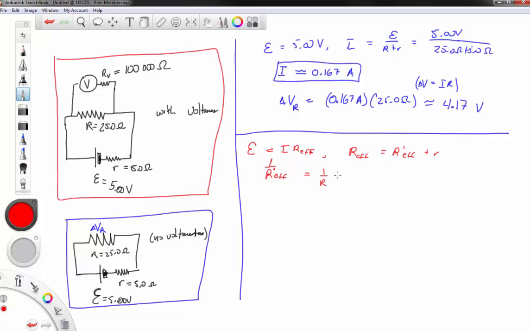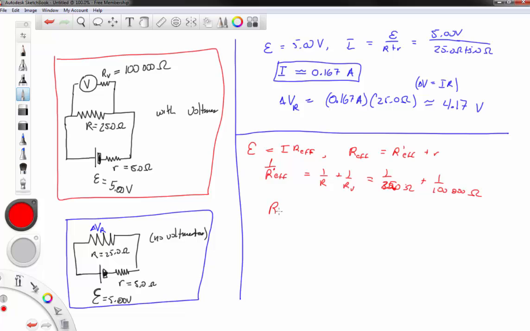So it's 1 over R plus 1 over R_V, or 1 over 1 over 25.0 ohms plus 1 over 100,000 ohms. So if you do that, you can get a value for R effective.